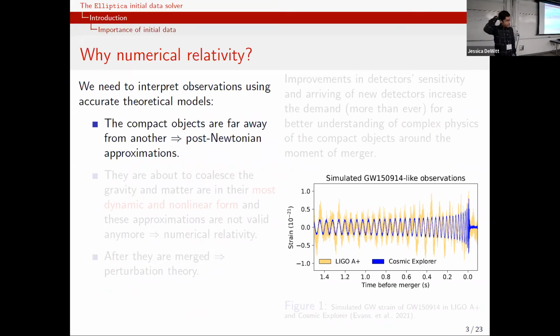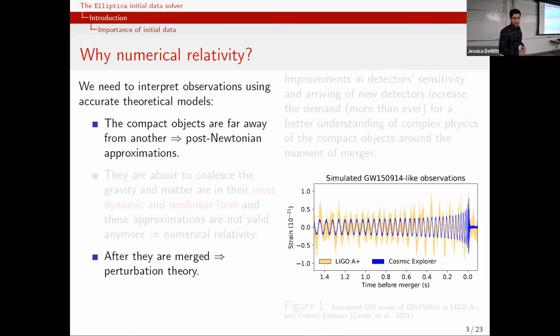Okay, first thing, why do we do numerical relativity in the first place? Let's imagine that tomorrow we go to LIGO and we get an observation and we want to interpret it. So for that, we need accurate theoretical models. If the objects are far from each other, we can use post-Newtonian approximation, and it is working.